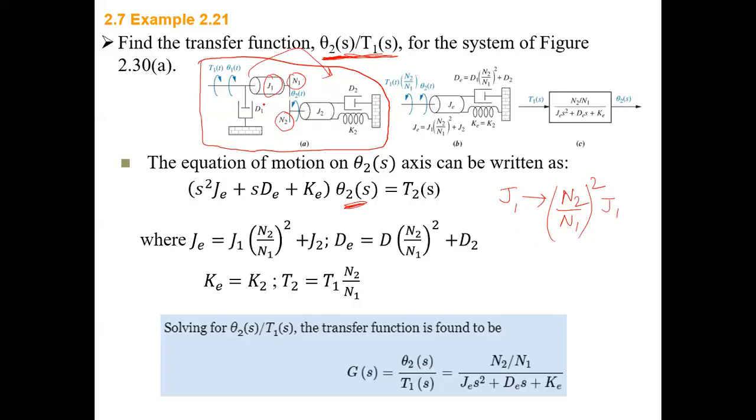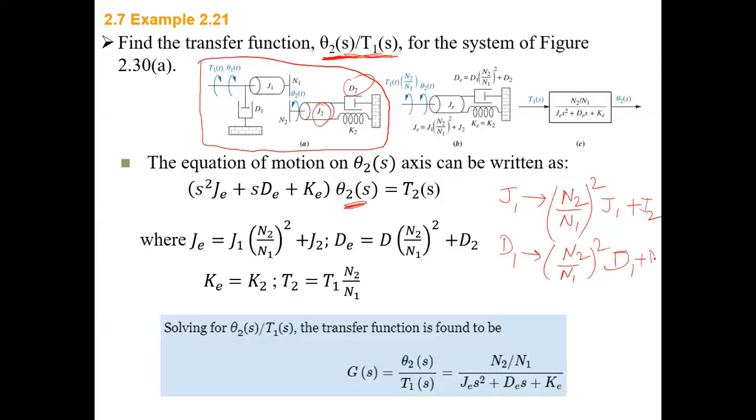Then similarly, how do you transfer D1? In the same way, D1 gets transferred like this: destination over source squared times D1. All right. Then on the right hand side, what do you have? J2. That's why you have to add J2 here. And you have D2 also.